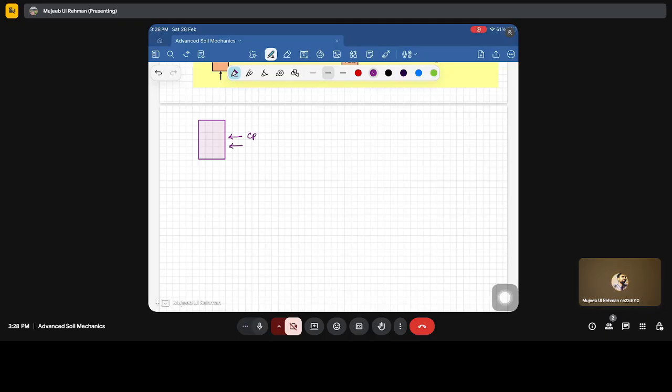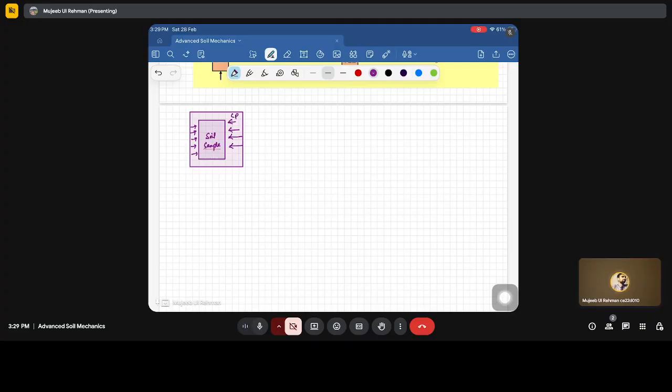Here is the soil sample, and we have a confining cell. So this cell pressure gets applied outside the soil sample, correct? So this is the cell pressure.